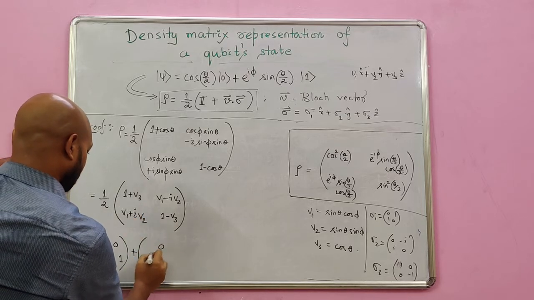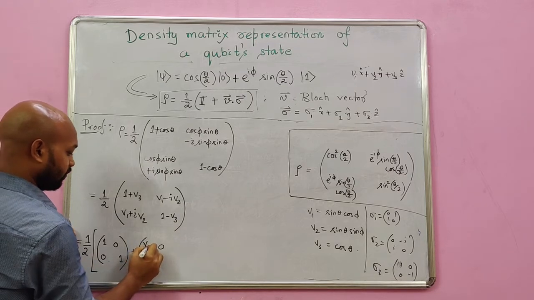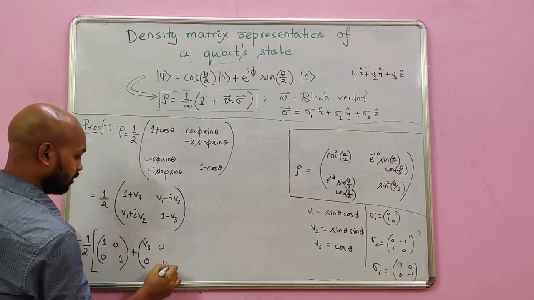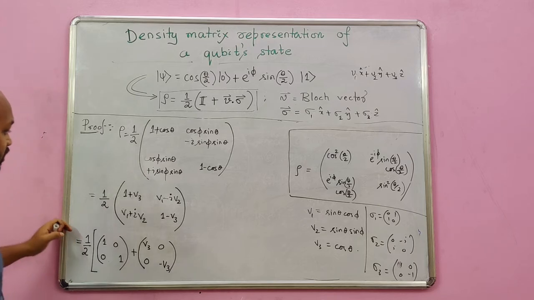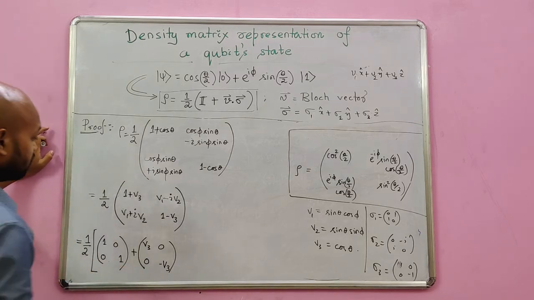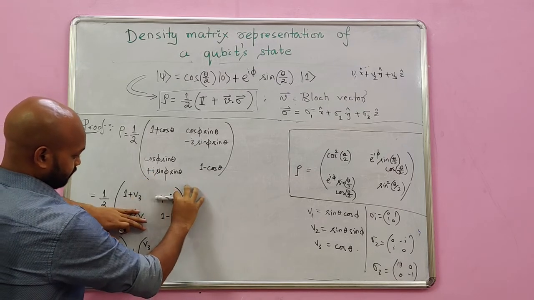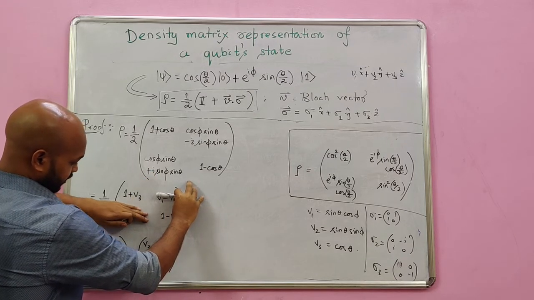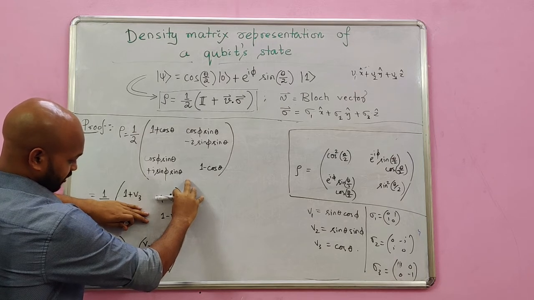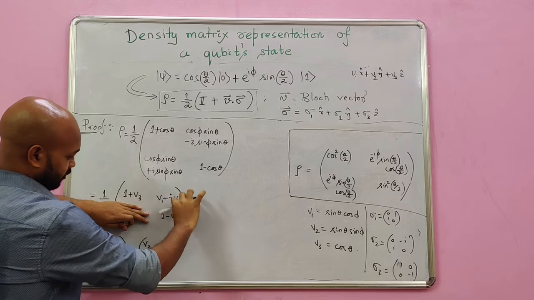So again I take these terms as 0 and I write V3 and minus V3. Certainly if you add these two matrices, then they would yield this matrix here, where the off-diagonal elements would be 0 and this point would be 1 plus V3 and this point would be 1 minus V3.